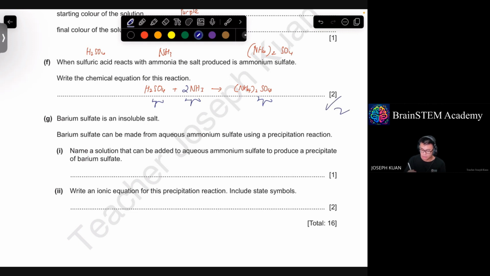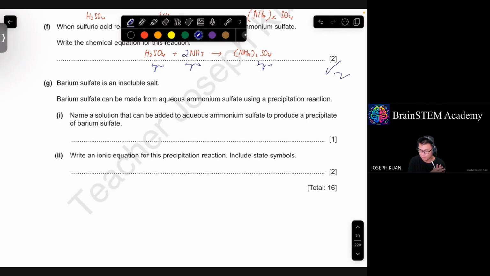Right, next question. Barium sulfate is an insoluble salt. Barium sulfate can be made from aqueous ammonium sulfate using a precipitation reaction. Name a solution that can be added to aqueous ammonium sulfate to produce a precipitate of barium sulfate. So we're trying to do precipitation here. In order to do precipitation, or should I say preparation of an insoluble salt, we need 2 soluble salt solutions, which one of them is given, right?